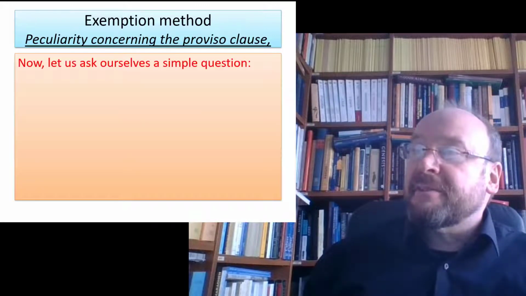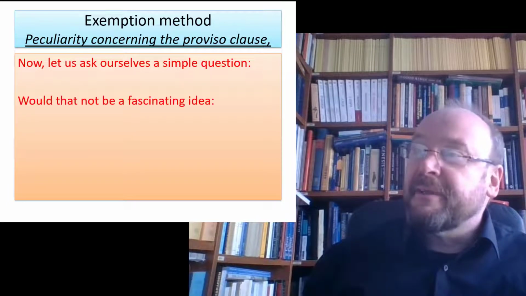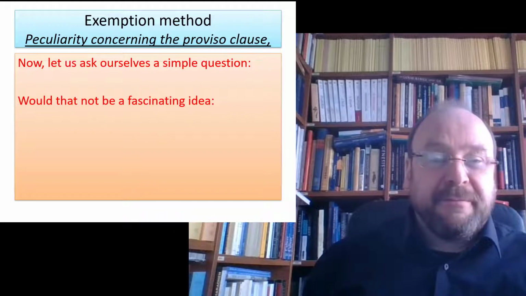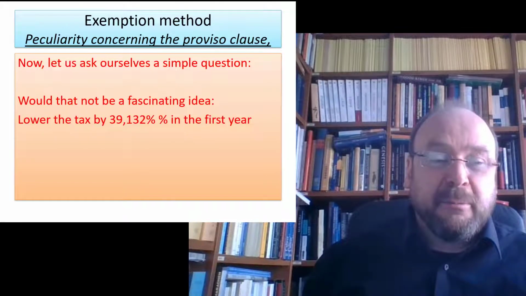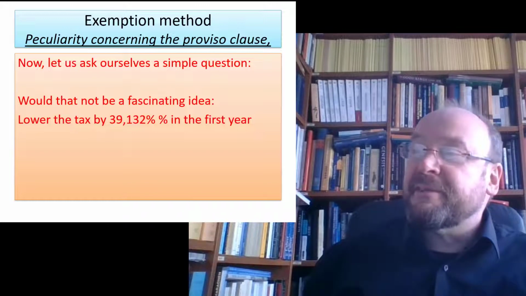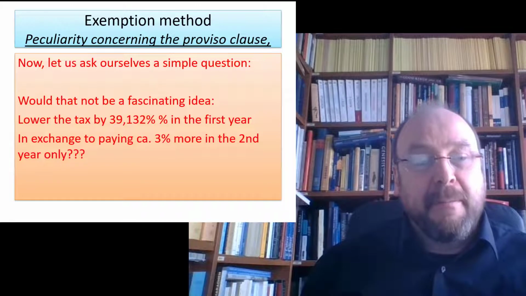Now let's be honest to ourselves. Would that not be a fascinating idea to say we lower the tax by 39% in the first year and that costs us an additional 3% in the second year?